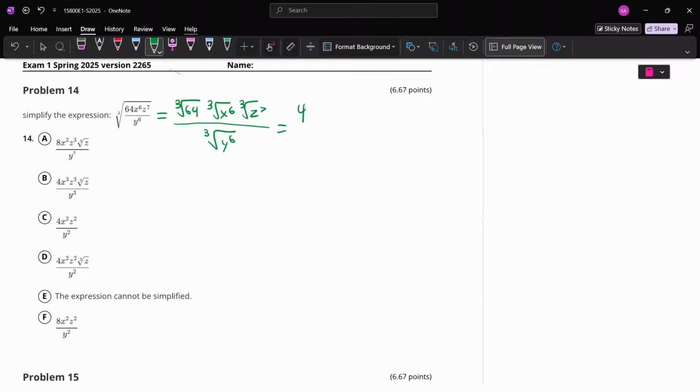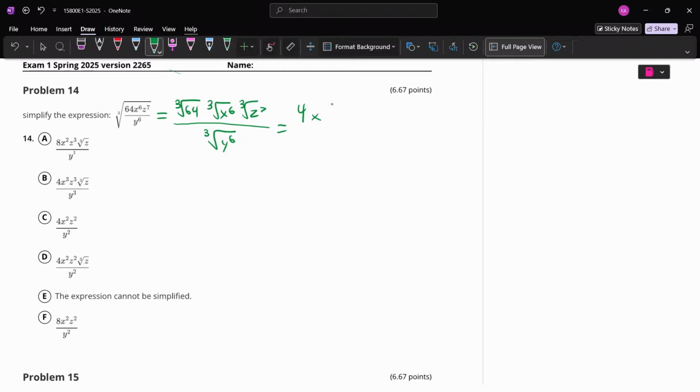4 here. And then the next thing we can do is, whenever you're taking a radical, or any sort of root of a variable to a power, that would be equal to a fraction, basically dividing the power by the root, so 6 divided by 3.